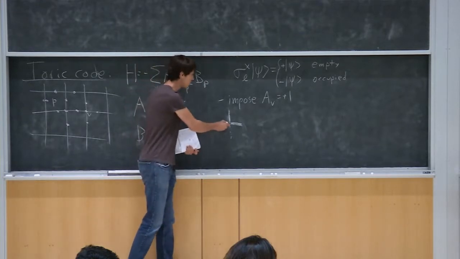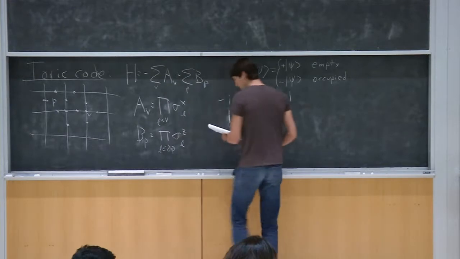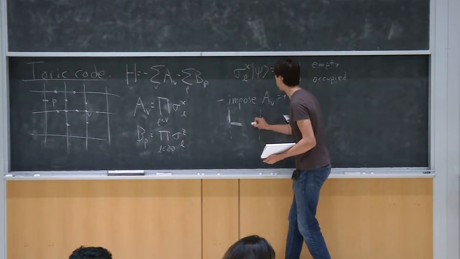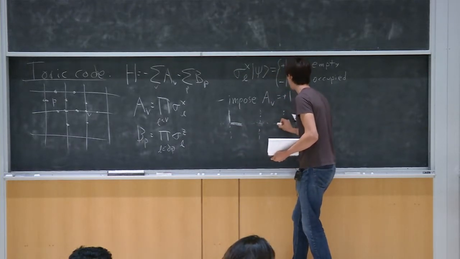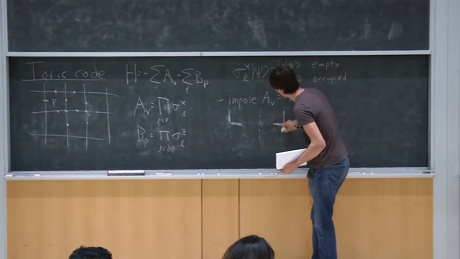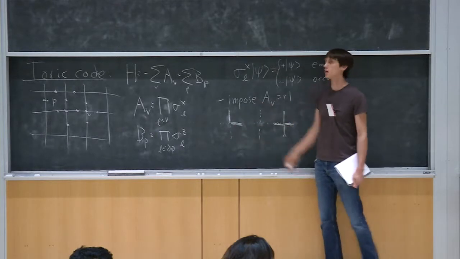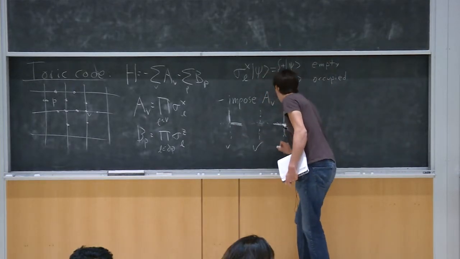The dotted line means empty link, and the solid line means occupied link. Similarly, the all empty configuration is okay, and the all occupied configuration is okay. And then various other configurations where you have 2 occupied links. Those are all okay.